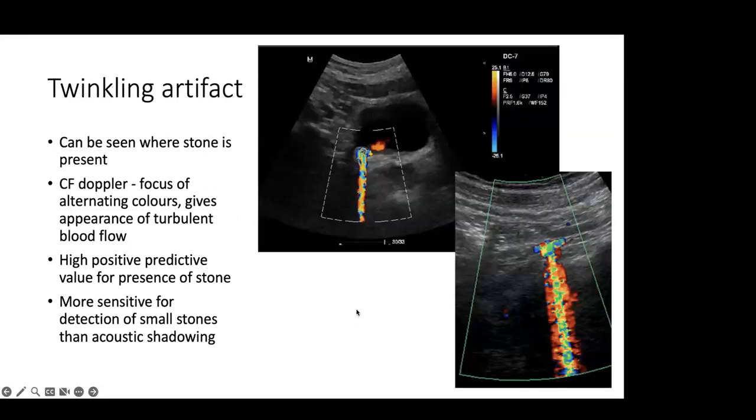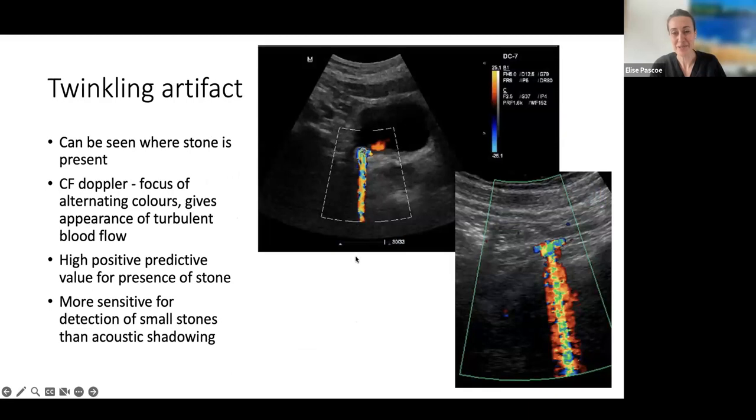So twinkling artifact, this looks really fun, a little rainbow flashy thing. So this is an artifact that can be seen near the bladder where a stone is present, and it's using colour flow Doppler, giving a focus of alternating colours. It gives this appearance of turbulent flow, and it's related to, I understand, the scatter off the really jagged edges of a ureteric stone.